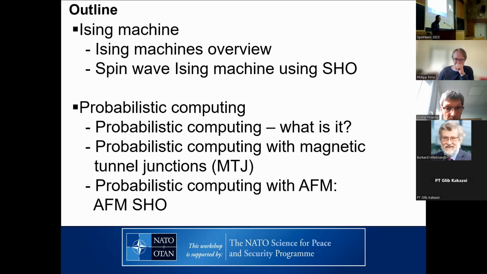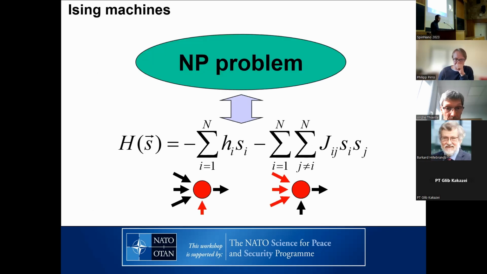Okay, so what is this all about? People who know magnetism know what the Ising Hamiltonian is and how it describes our magnetic systems. It's a model Hamiltonian. It doesn't take into account everything, but it's quite well known.